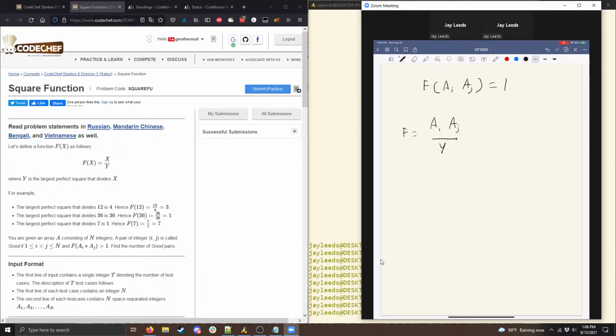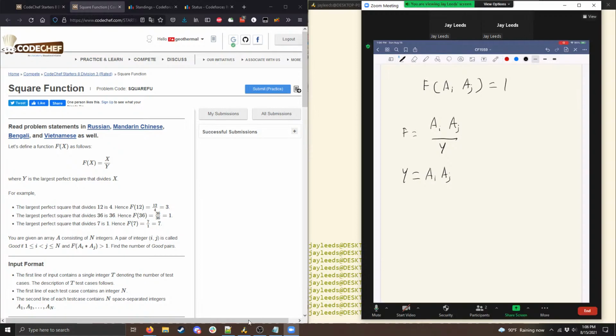So that means that whenever f of this thing is 1, we're going to have y equals a sub i, a sub j. And what this tells us is that f of ai aj is going to be 1 when a sub i, a sub j is a perfect square.